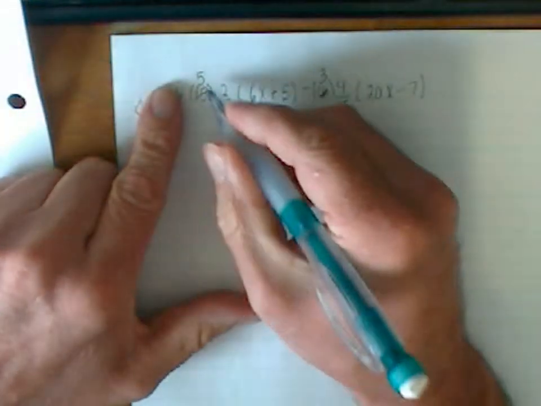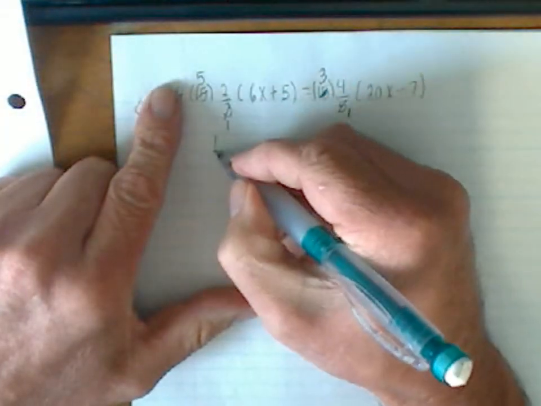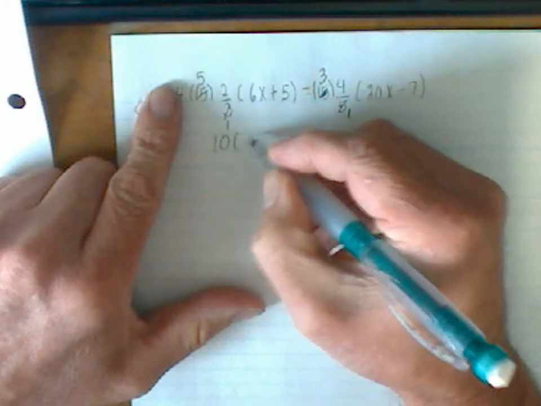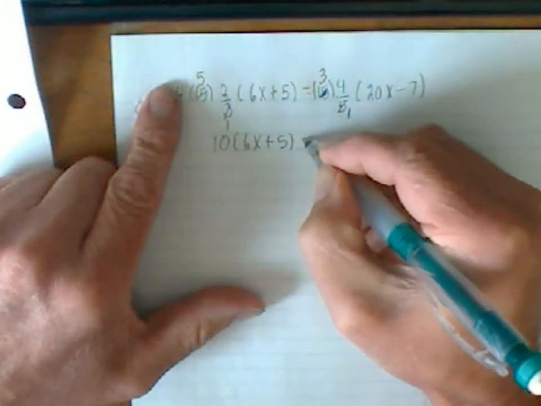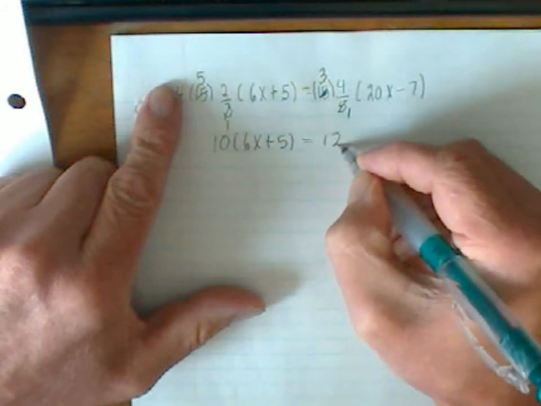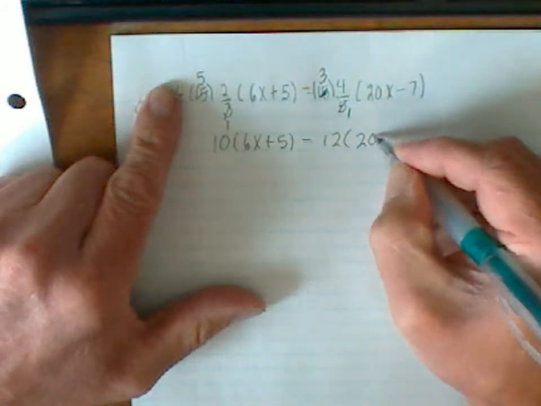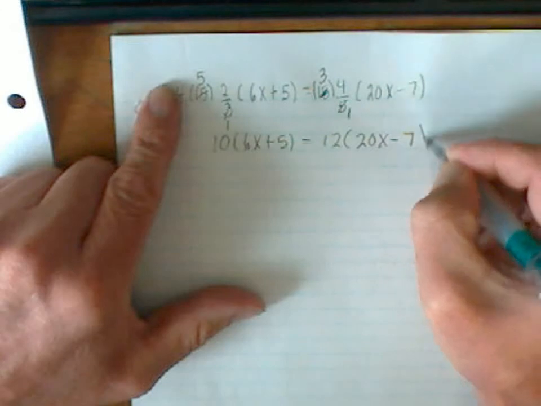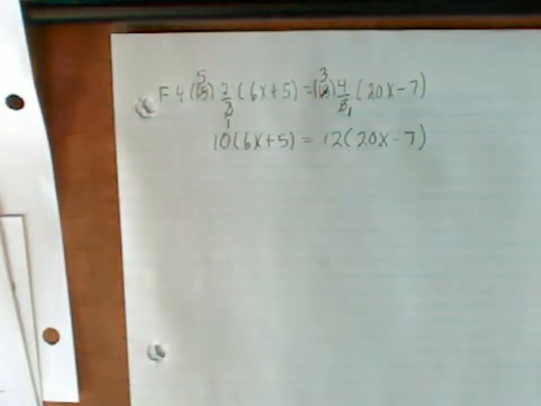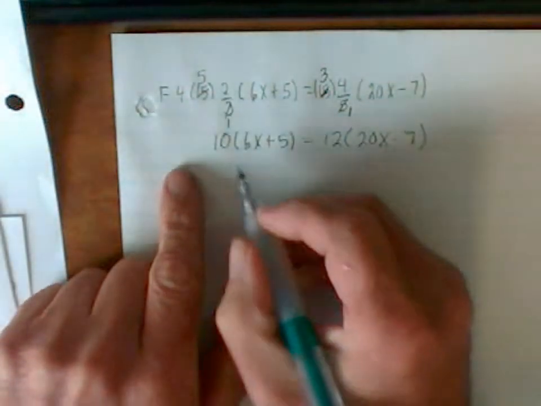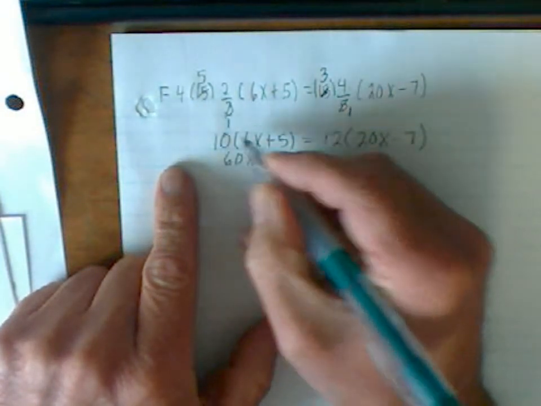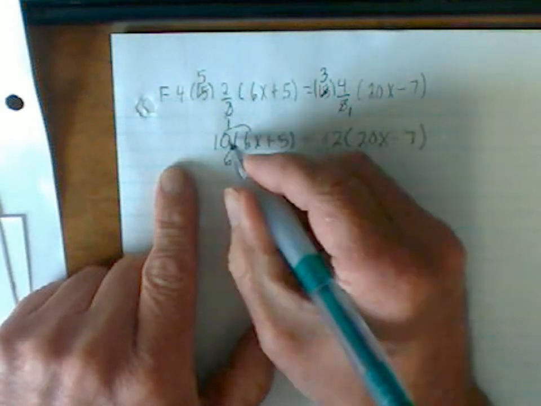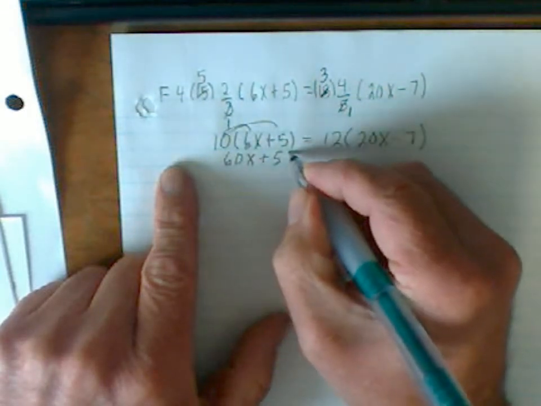Okay, so 5 times 2 right here, it's 10, and then we still have 6x plus 5 in our brackets. 3 times 4 is 12, and we still have 20x minus 7 in brackets. So we're going to get 60x plus 10 times 5 is 50.